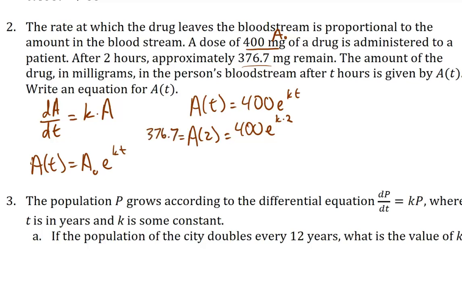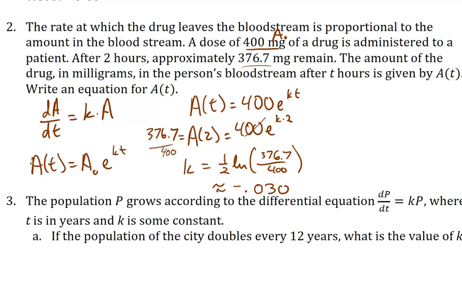Then I need to divide both sides by 400, and then take the natural log of both sides and then divide by 2. So k is equal to 1/2 natural log of 376.7 over 400, which on a calculator is approximately negative 0.030.